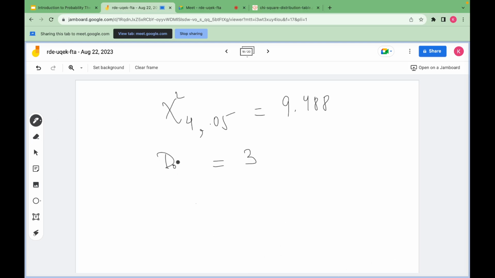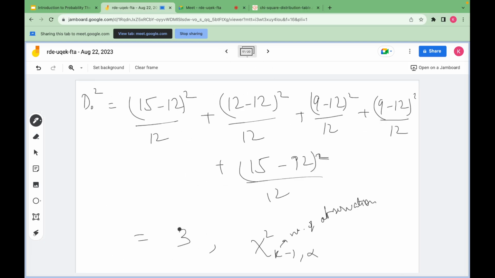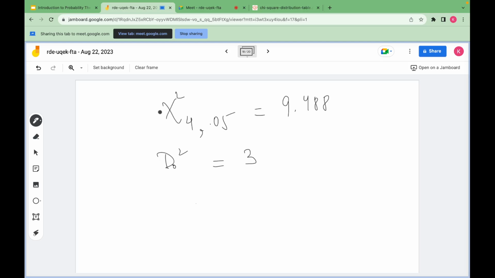So this D naught square we calculated here came out to be 3. This we took from the chi-square table, and it came out to be 9.488.